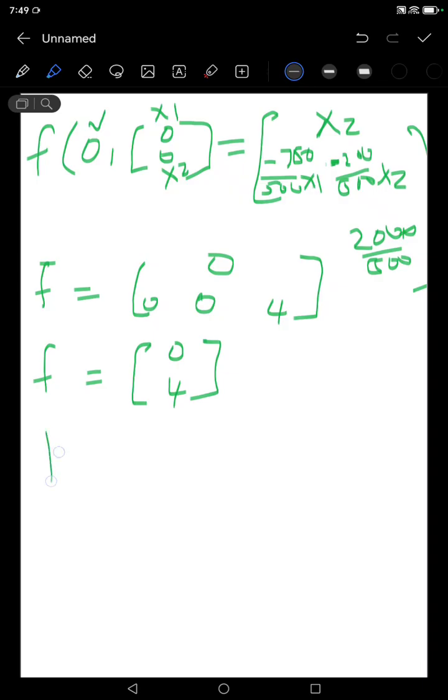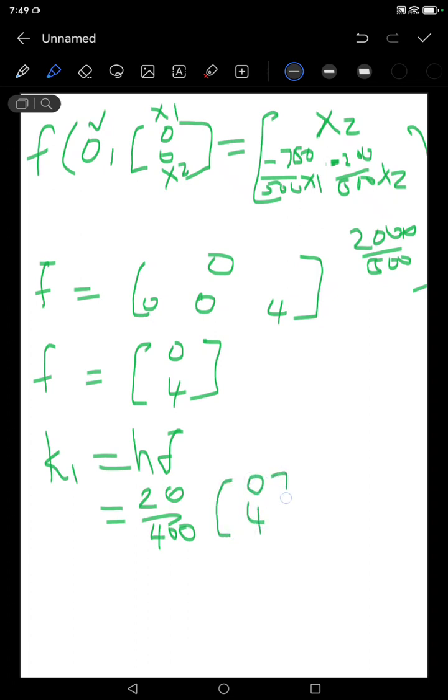Remember, k1 is equal to what? HF, which means our h was 20 over 400 from the initial quotient, multiplied by 0 and 4. We're going to write it in matrix form. So 20 divided by 400 was 0.05, times 0 and 4.